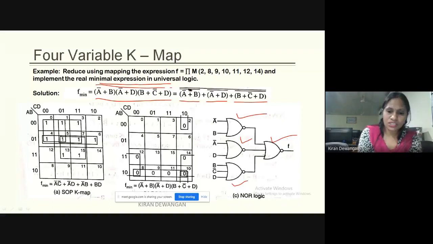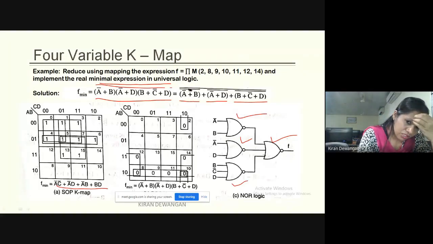NOR implementation कर सकते हैं. यहाँ से हम NAND implementation भी कर सकते हैं. The leftover portions are nothing but the min terms present here. तो हम उसको यहाँ पर position कर सकते हैं. As we can see here, it is positioned here. The ones, all the min terms are positioned here and they are forming the quads. We are having total 4 quads here.